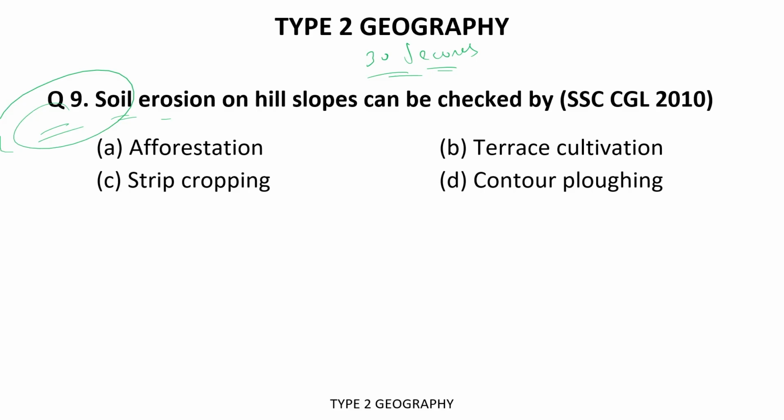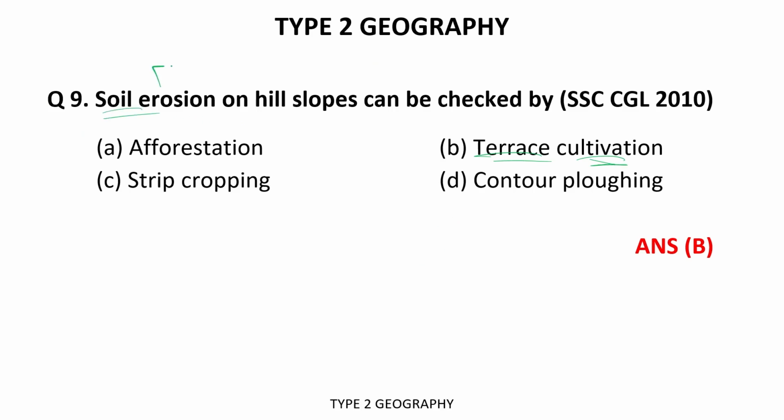The correct answer is terrace cultivation. If we talk about soil erosion, it is basically the washing away of the top layer of soil.